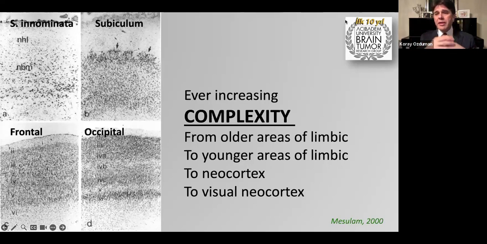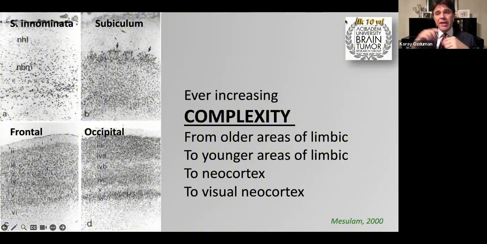But when you go to the insula or the cingulate cortex, you're seeing that these very closely resemble the isocortex that is located on the superficial portions of the brain. So these already had 6 layers.